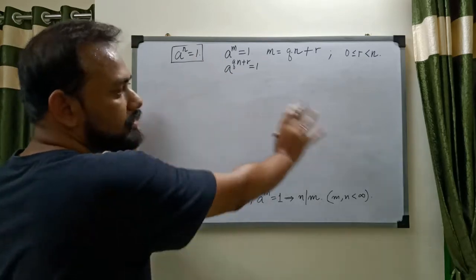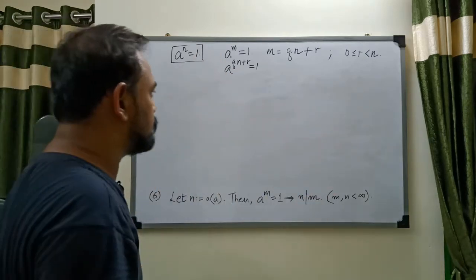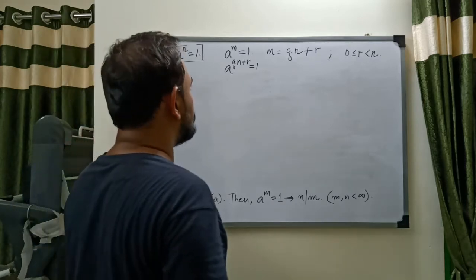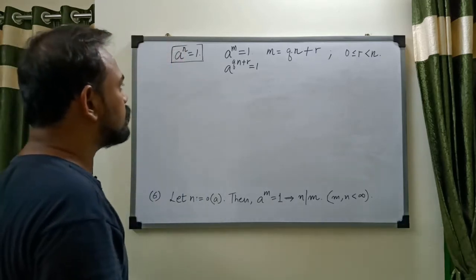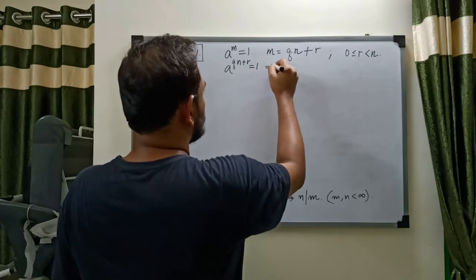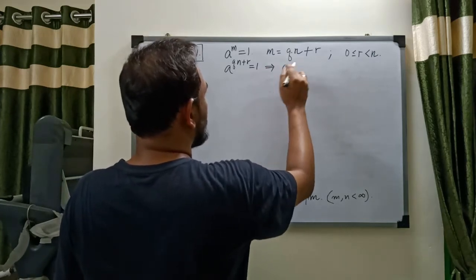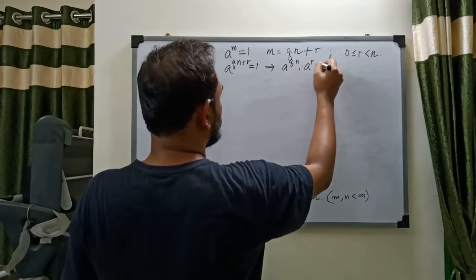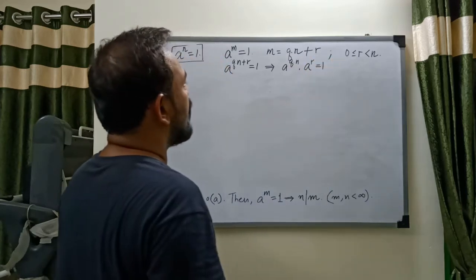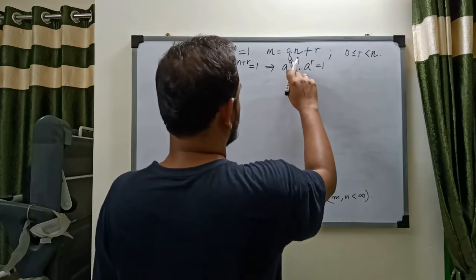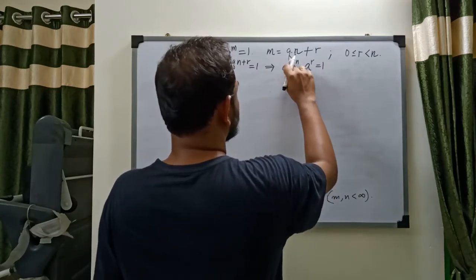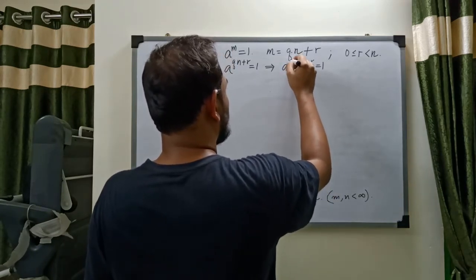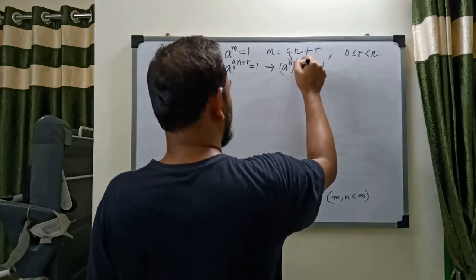I don't have any problems because I've proved that all the rules that we have learned since our childhood are all true. So let's just do that. This means that a to the qn multiplied by a to the r is 1, and this really means that you can put n here and you can put q outside.